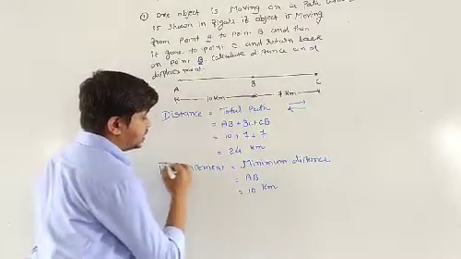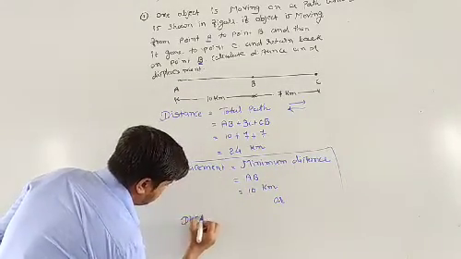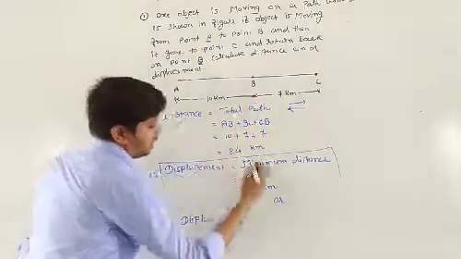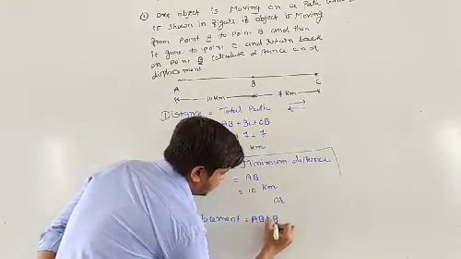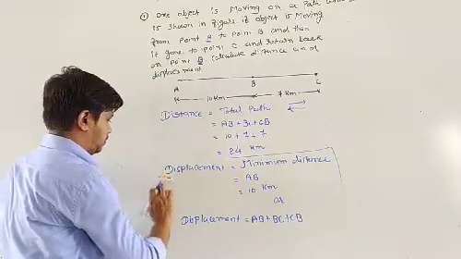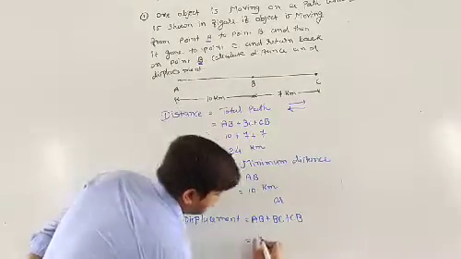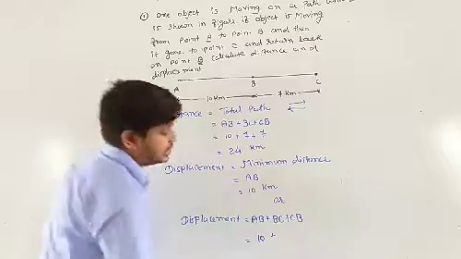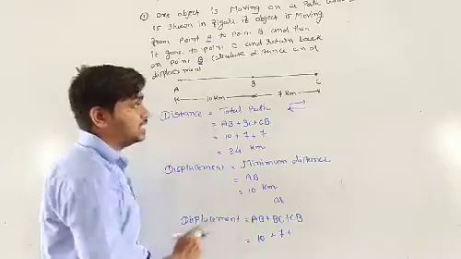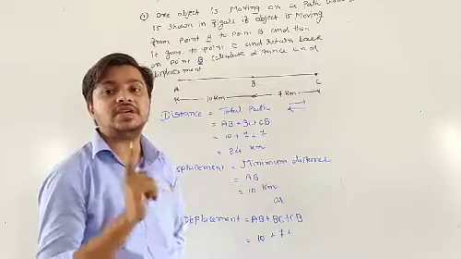Or you can calculate this displacement this way also. It goes from A to B, then B to C, then C to B. AB means 10 kilometers, BC means 7 kilometers, and CB. Here displacement is a vector quantity, and for a vector you have to describe the direction.